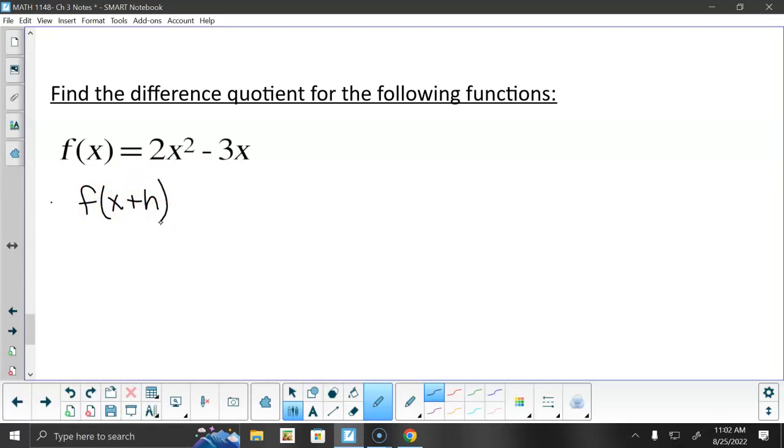So what I tend to do is I tend to find them in parts, put it all together, simplify as much as I can. So I'm plugging in x plus h, so 2 times the quantity x plus h, squared. And then what happens with this is I have to go through and FOIL everything out.